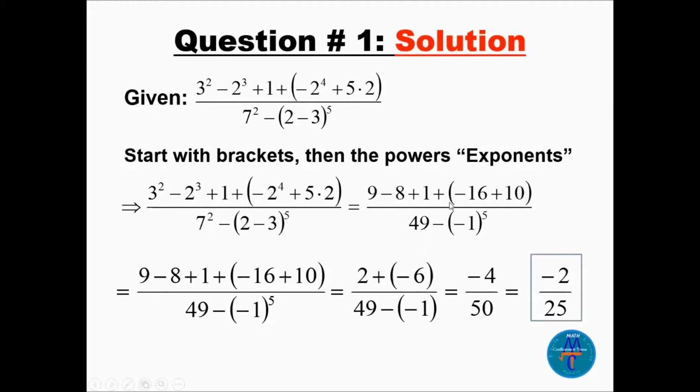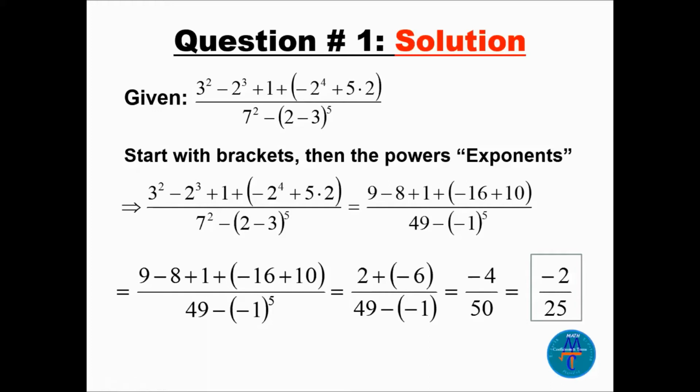Now, in the brackets, minus 16 plus 10 becomes minus 6. 9 minus 8 is 1, plus 1 is 2, so that's 2. So 49 minus 1 is 50. 2 plus minus 6 is minus 4. Divide by 2, minus 2 over 25.